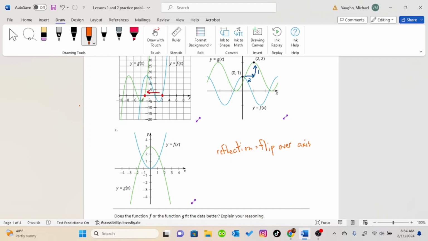So the first thing it appears we did was reflect across the x-axis. We took this top graph that looks like a U and we reflected it down over the x-axis.